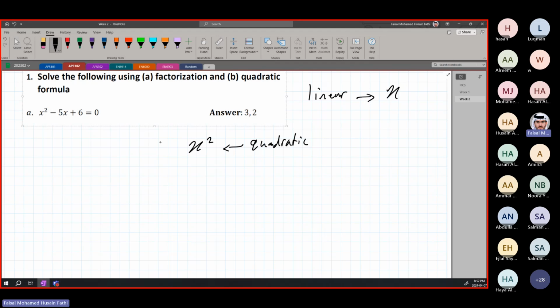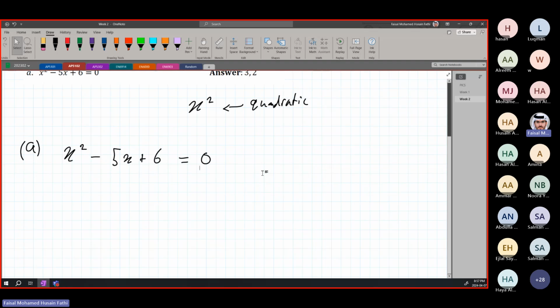So the first method is factorization. I'll rewrite the equation. It's x squared minus 5x plus 6 is equal to 0. I hate the factorization method, but you have to learn it, unfortunately. So you will look at your C. Again, you know that this is A, B, and C. So your A value is equal to 1, your B is equal to minus 5, and your C is equal to 6.